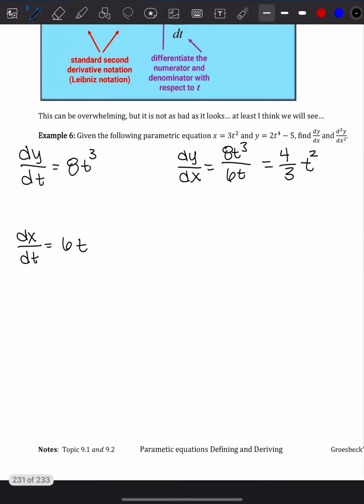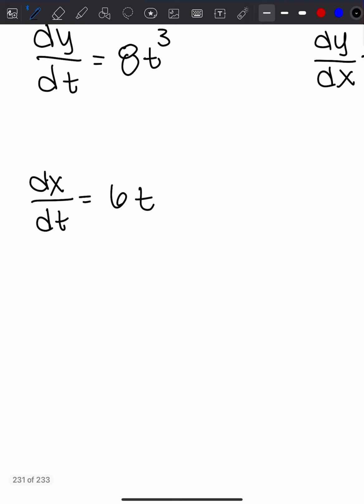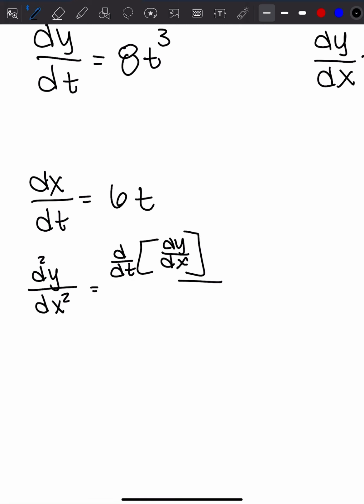So this is our first derivative. Now what we need to do is find the second derivative of y with respect to x. So we're going to take the derivative with respect to t of the thing we just found, dy over dx, and divide it by dx over dt.